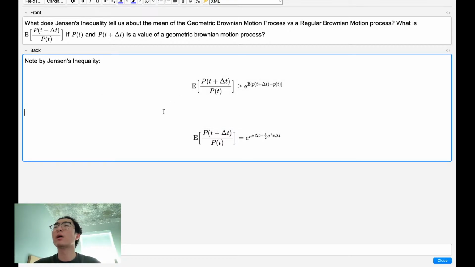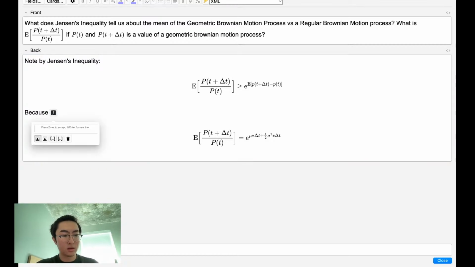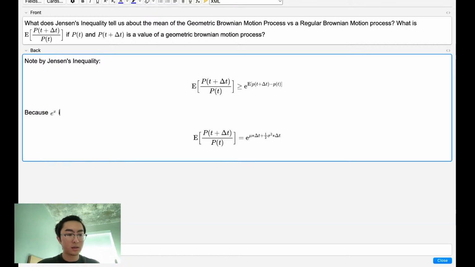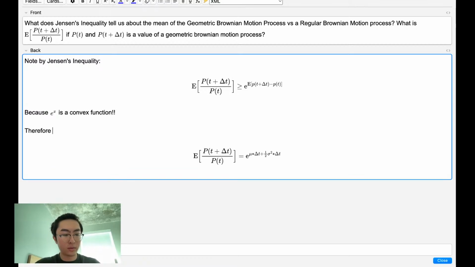Because e to the x is a convex function, we need an adjustment term which looks like the following.